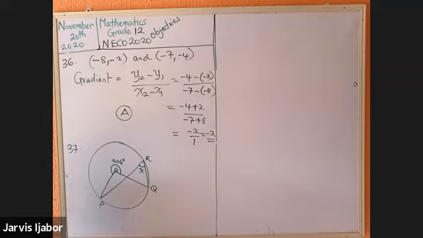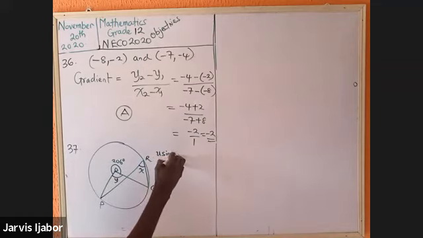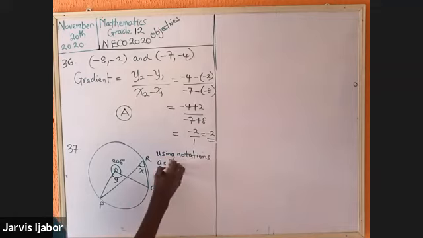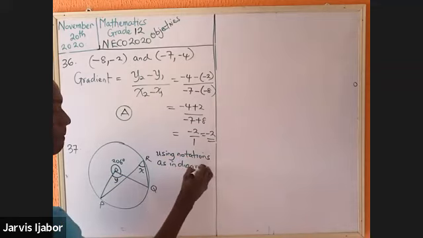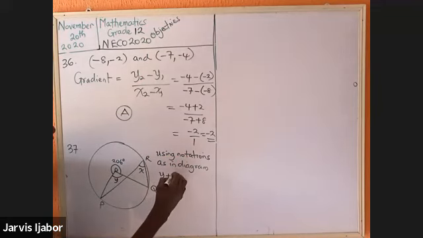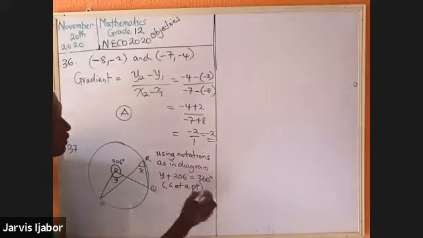You are told to find PQ. Now, to find it, you need to find this angle first. Let me call this Y. So using notations, as in the diagram, Y plus 206 will be equal to 360 degrees.